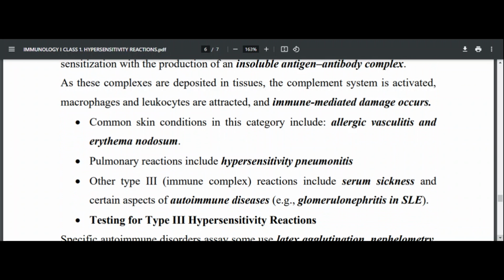And sometimes, of course, autoimmune disease like glomerulonephritis in systemic lupus erythematosus. We're also going to see how systemic lupus erythematosus involves type 3 hypersensitivity reaction.